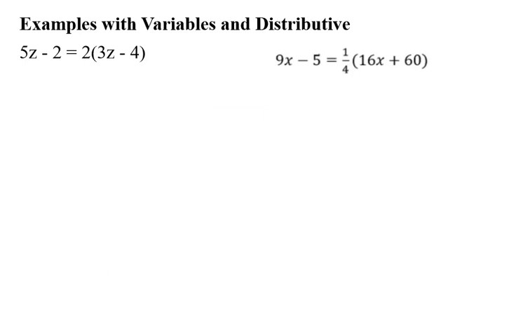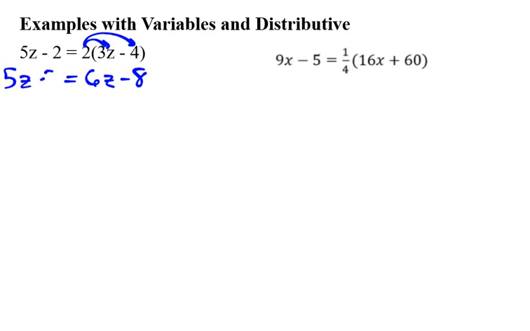Two last examples, and these are a little bit bigger yet. We have to distribute now. We have to get our like terms combined. Then we have to get all the variables to the same side and get that variable alone. So we start by distributing. 2 times 3z is 6z. 2 times negative 4 is negative 8.